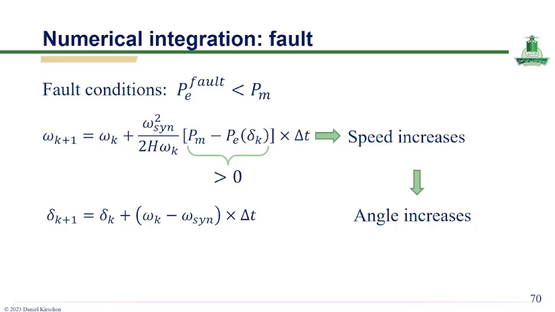As the rotor accelerates, the rotor angle also increases over time according to the numerical integration process. Therefore, both speed and angle grow during the fault period, indicating the generator is losing synchronism stability if the fault is not cleared quickly.